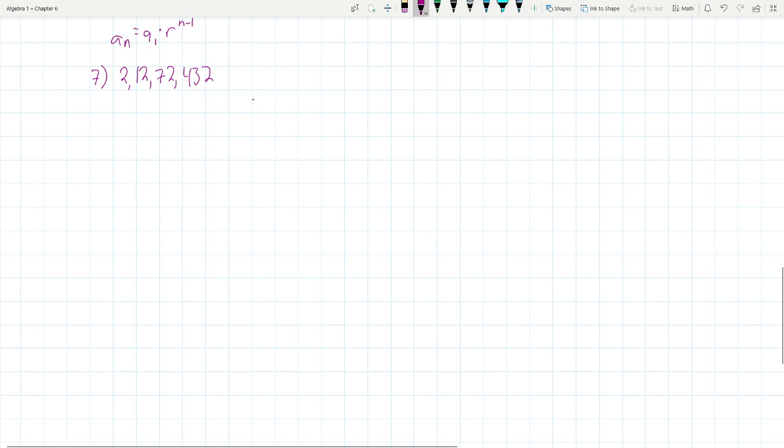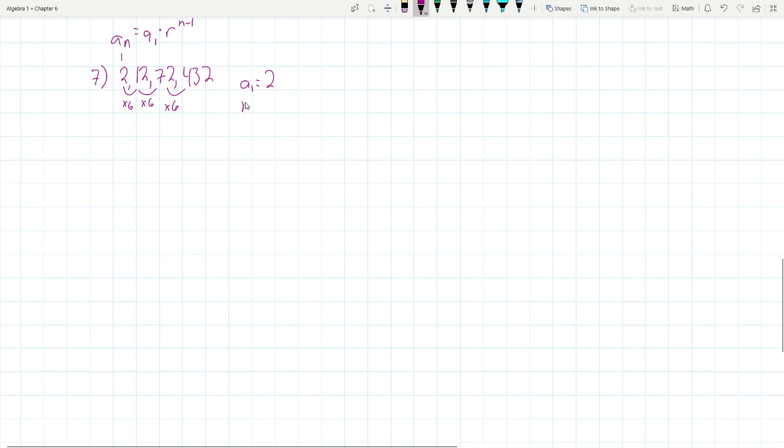So I want to find my pattern first. How do I go from 2 to 12? I multiply by 6. 12 to 72, I multiply by 6. 72 to 432, I multiply by 6. A few key features that I can get out of this are that my first term, my a sub 1, is 2, because it's right here.